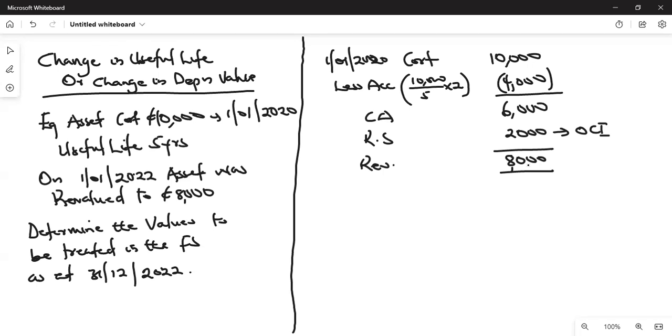The accumulated depreciation will go to P&L. The revaluation doesn't go to P&L. I even showed you when I started the cost model which part goes to P&L, so please be careful. The current revaluation of 8,000 will go to the statement of financial position. That is also not true.